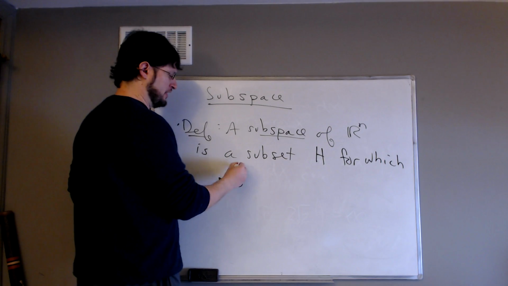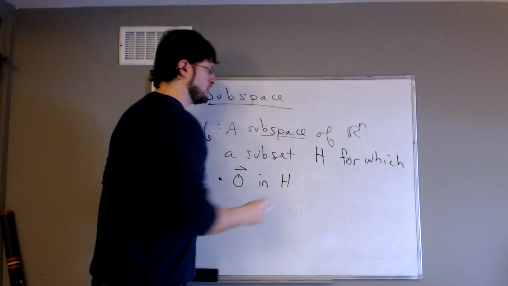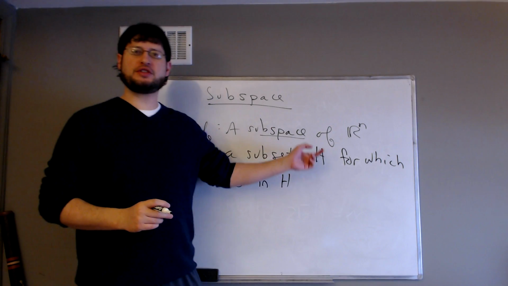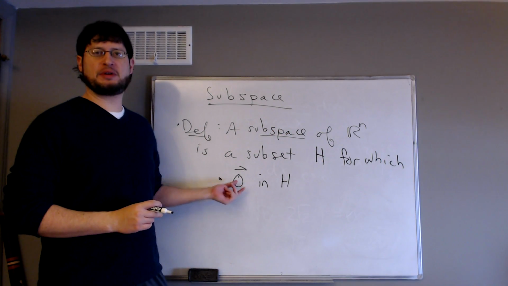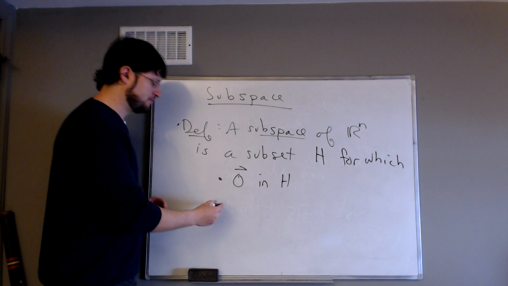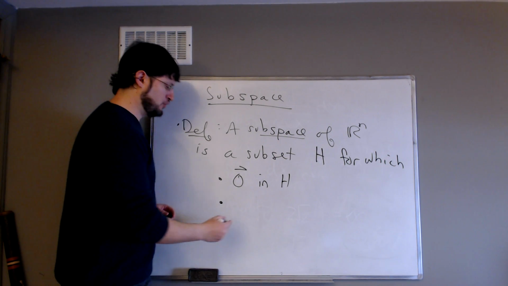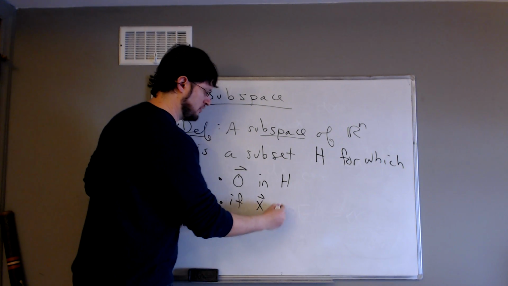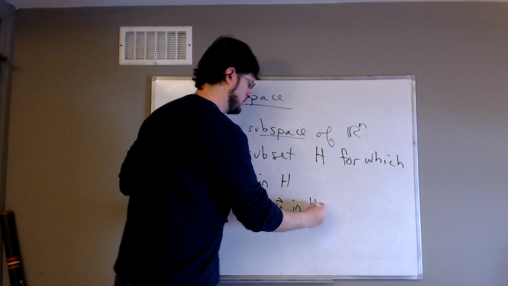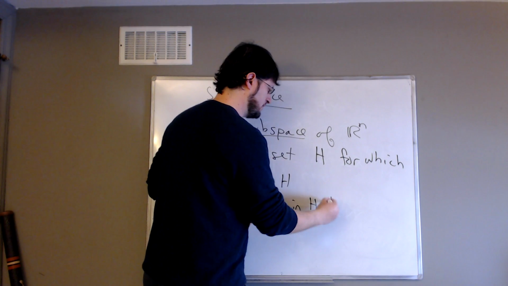One, the zero vector is in H. So all I'm doing is picking out a whole bunch of vectors. In order for it to be a subspace, one of those vectors that I pick out has to be the zero vector. Two, if x and y are in H, then so is x plus y.